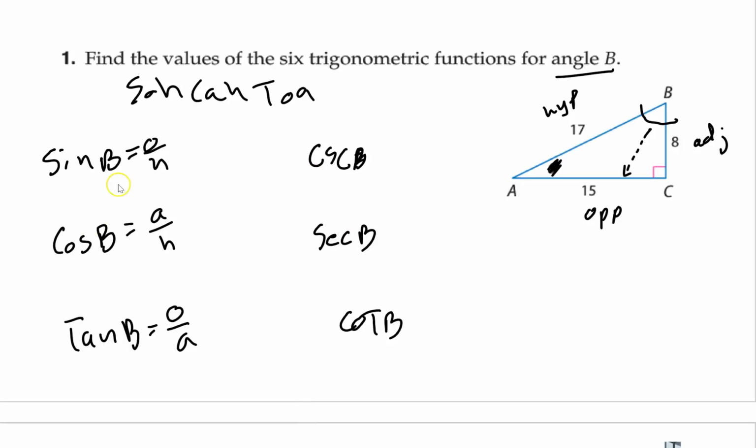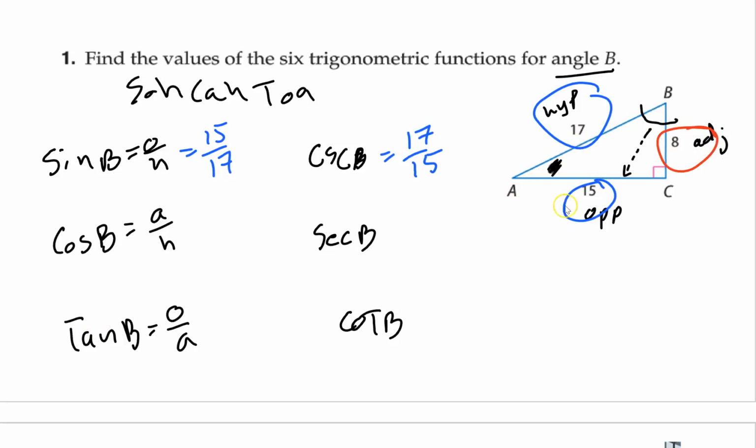But anyway, let's do sine, right? Sine is opposite over hypotenuse. So it's just 15 over 17. And since I know sine, cosecant is hypotenuse over opposite, so we just flip it. And leave it like that. We like improper fractions. Cosine, adjacent over hypotenuse.